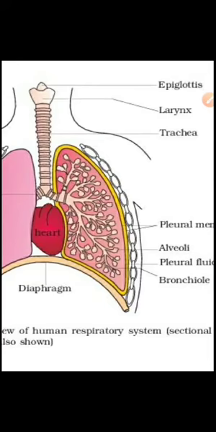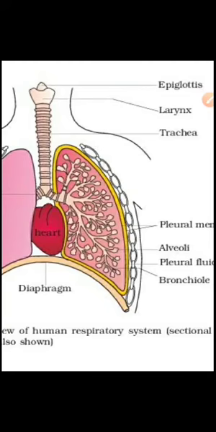Before it comes a part known as larynx, otherwise known as sound box. Before that, pharynx has two openings. One goes to the esophagus, that is part of the digestive system.